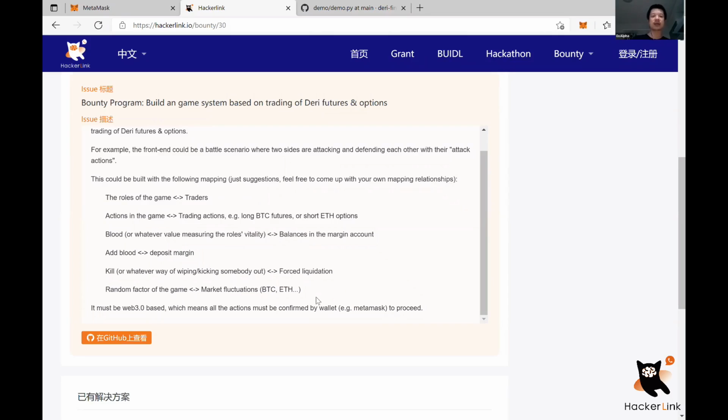Every action the players take is going to be confirmed through MetaMask. So I think I've probably explained what we are trying to do here for this bounty program, and how we are going to proceed. Any questions?